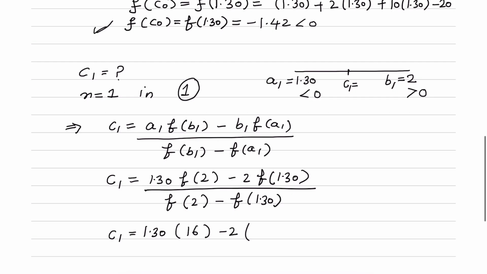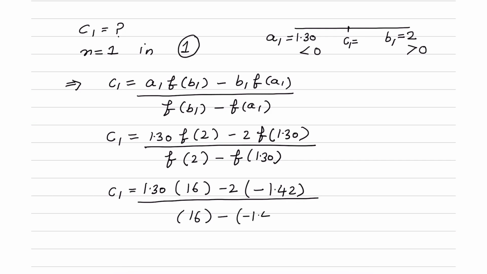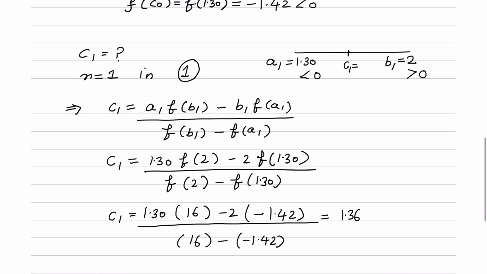See here we have found this value f of 1.30, which is minus 1.42, whole divided by f of 2 is 16, f of 1.30 is minus 1.42. Use your calculator to find this value c1, which is 1.36. On the right hand side in this interval, we will write c1 as 1.36.